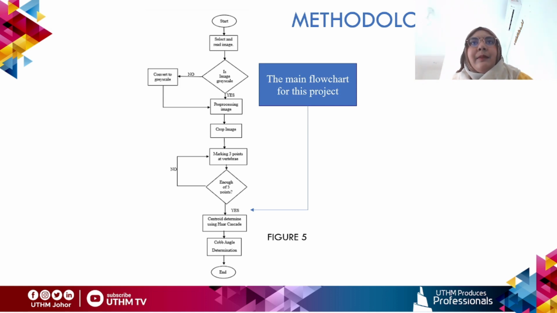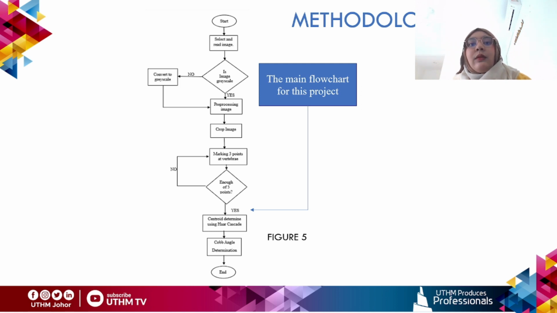Next, for the methodology part, the main flow chart for this project is, as you can see in figure 5, we start and then select and read the image, and check whether it is grayscale or not. If not, we have to convert to grayscale. If yes, we just continue to pre-processing.